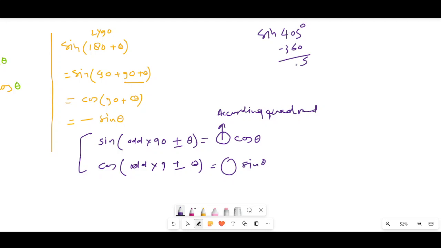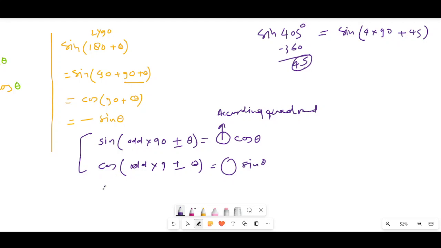So we can write 405 as sine of 4 into 90 degree plus 45 degree. But we have no information about this for odd.